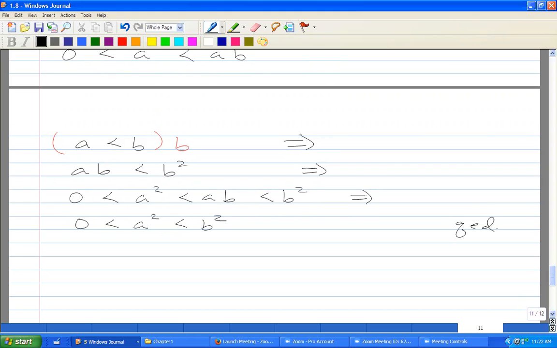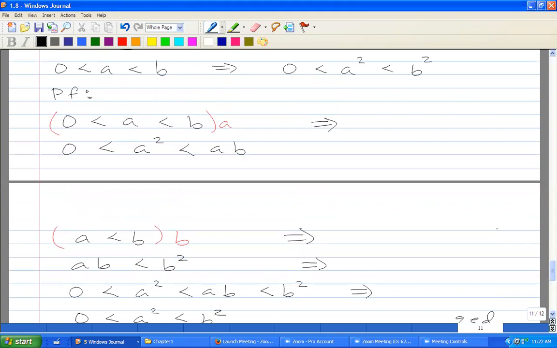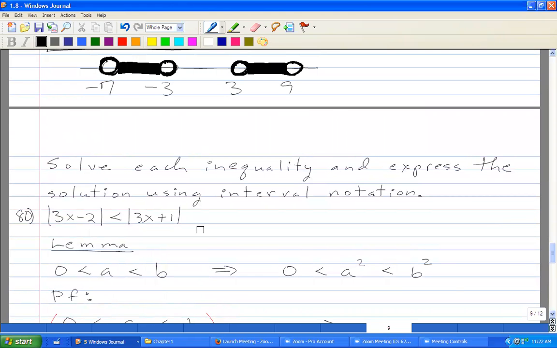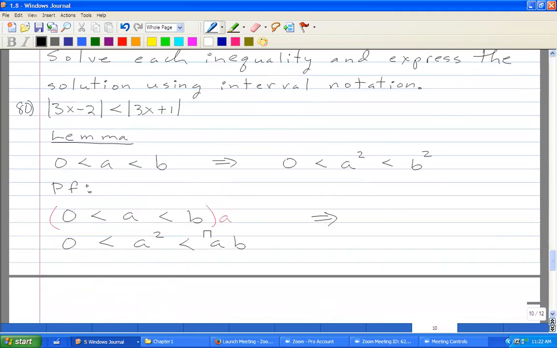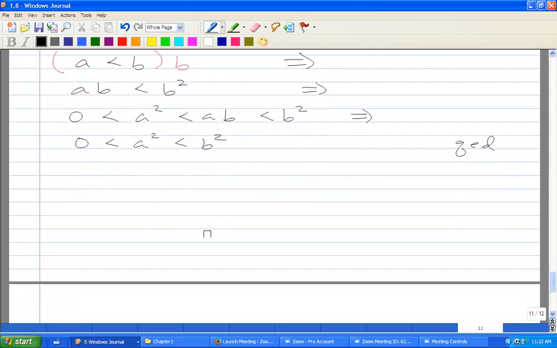Okay, so now let me solve this equation. So I had here my original equation, and let me try to solve it. So I have 3x minus 2 is less than 3x plus 1, and of course, these are all positive.